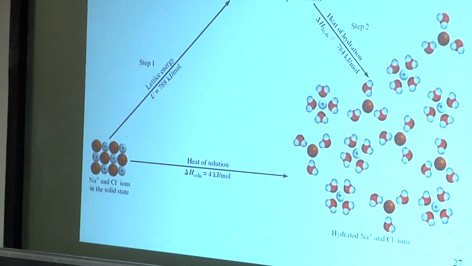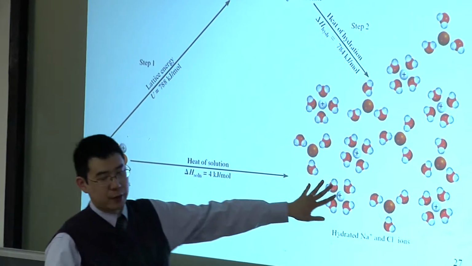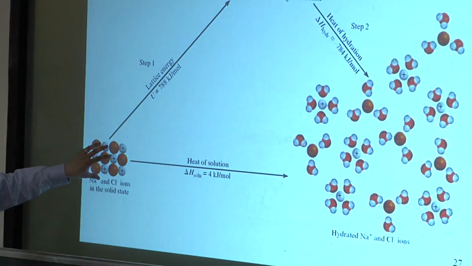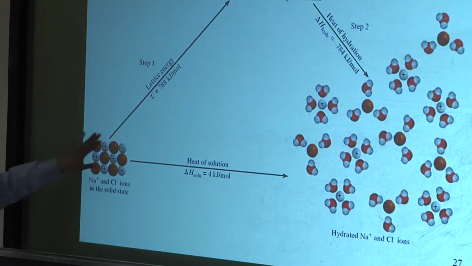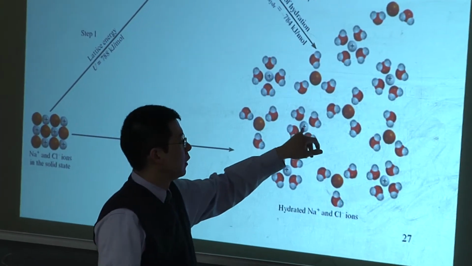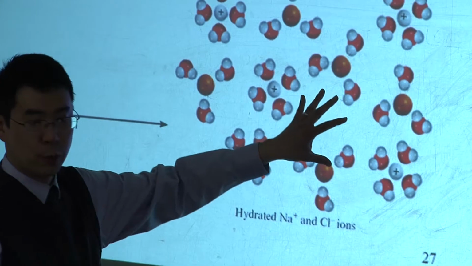So this process down here you could think about as the solution process, right? The first thing you have is a sodium chloride crystal, solid sodium chloride. And then when you solvate them, you have positive ions, negative ions, and they're surrounded by water.